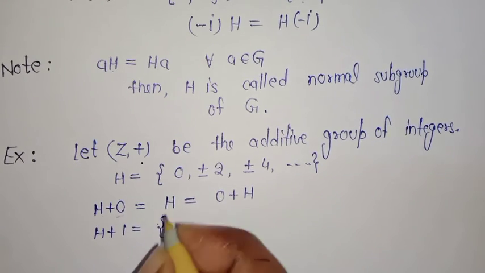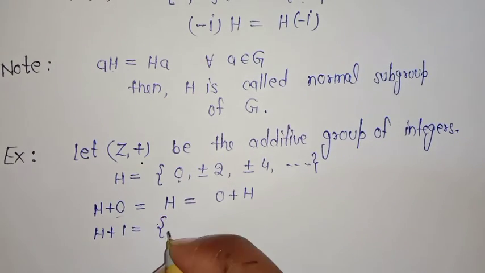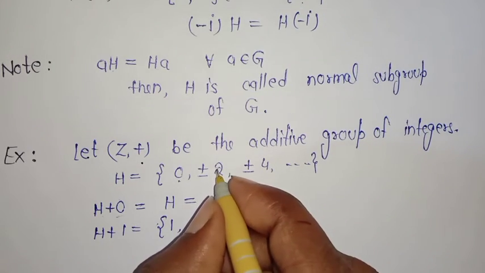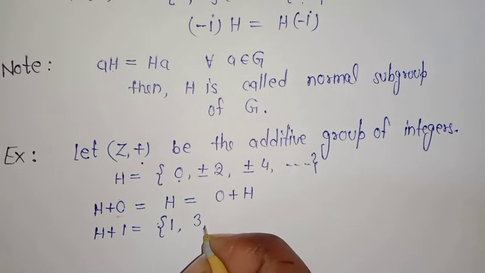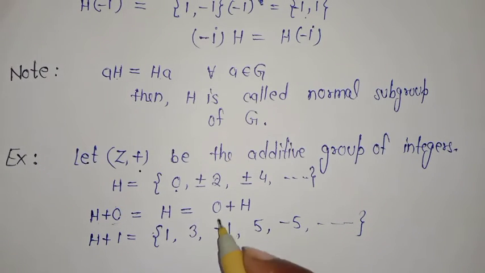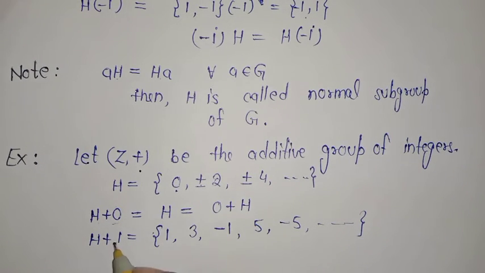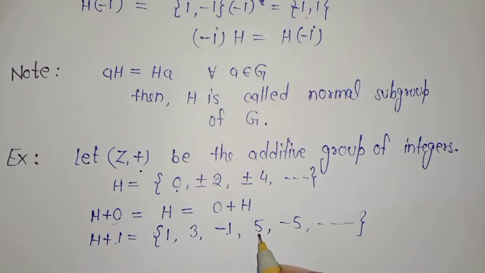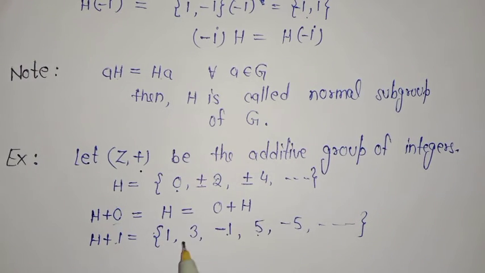When 1 is added to 0 we get 1, 2 plus 1 we get 3, and if we add minus 2 plus 1, then we get minus 1. Similarly 5, minus 5. So again you can see that we are getting all the odd integers.